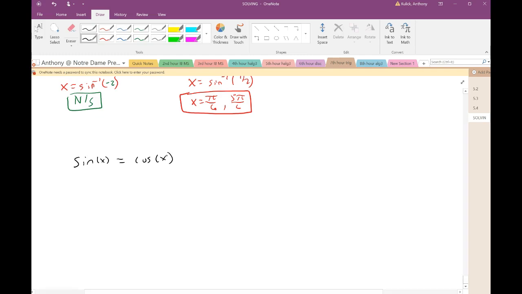This is one of those few occasions where I'm not going to want to do that. Is there any way for me to change sine into something with cosines in it? Doesn't look like it, right? Is there any way for me to change cosine into something with sine x's in it?